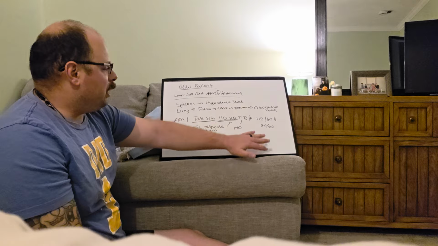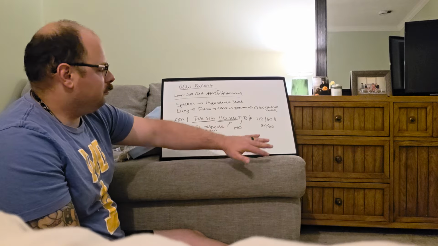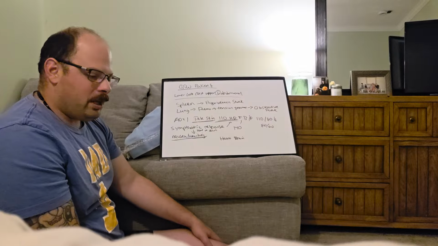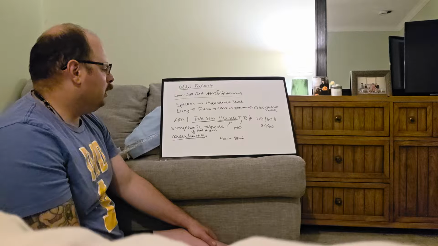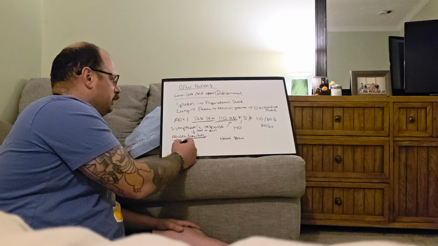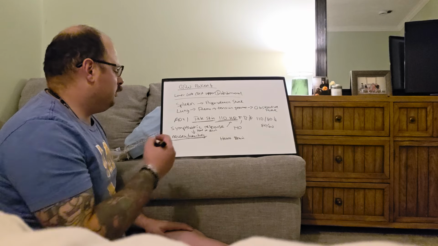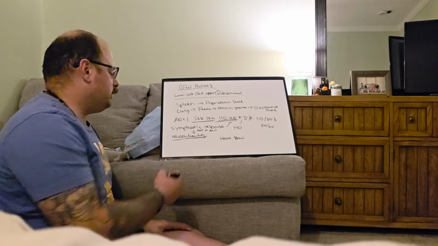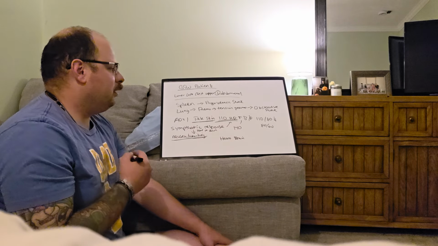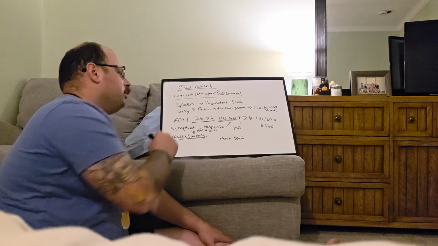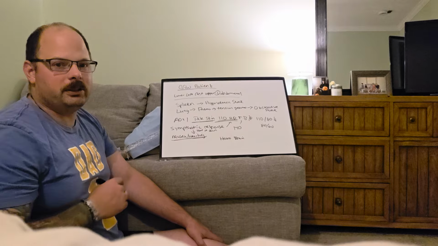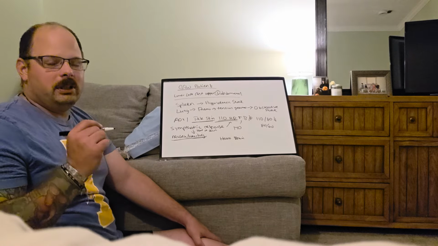So the body's worked hard, it's tried to keep up, it can no longer keep up and compensate for that lack of oxygen. So again, this is the physiological response to a lack of oxygen. It doesn't matter if we're talking about any of these different types of shock: obstructive, hypovolemic, cardiogenic, distributive.